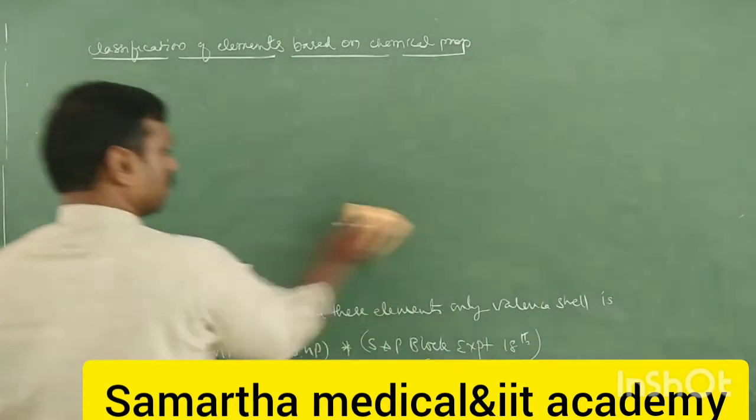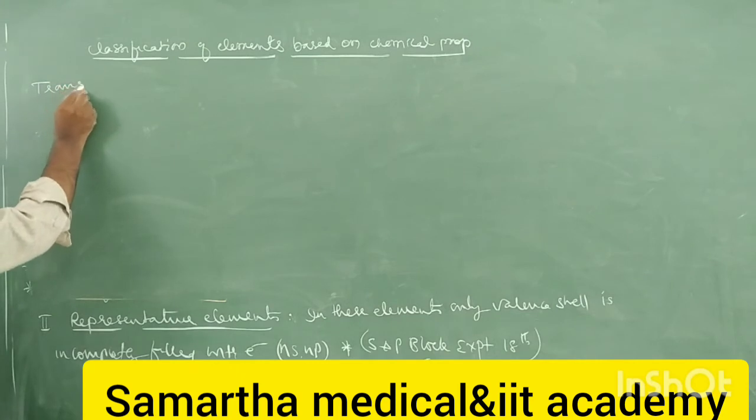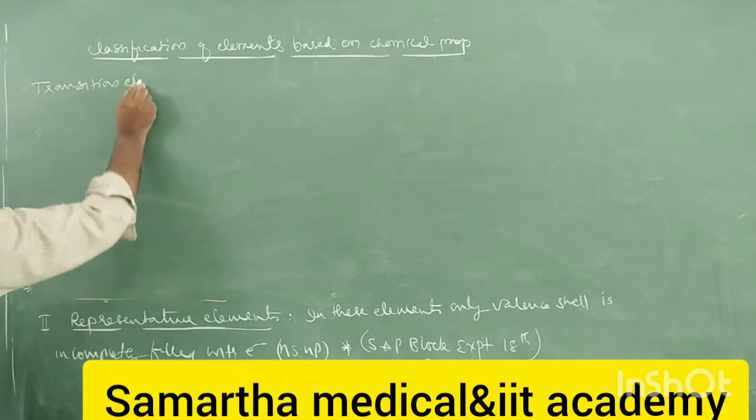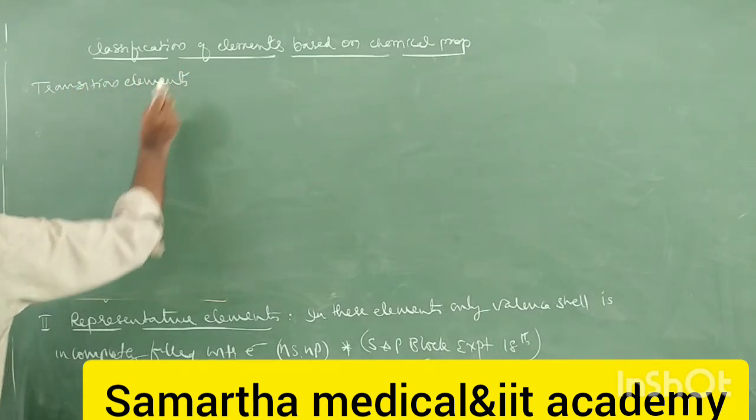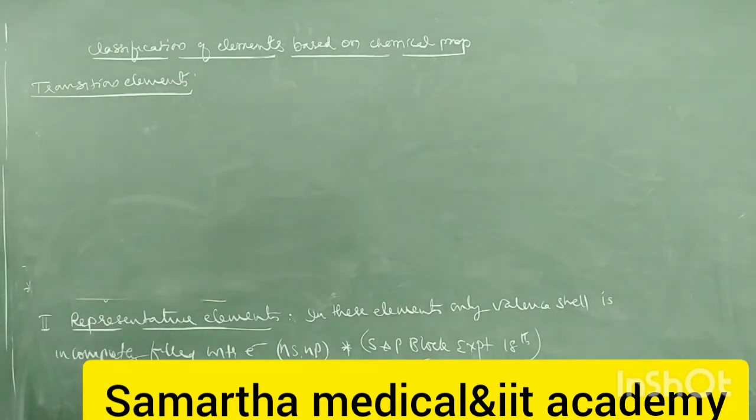Next, transition elements. Come on, tell me. In transition elements, the valence shell as well as the penultimate (n minus 1) d subshell are incompletely filled with electrons.